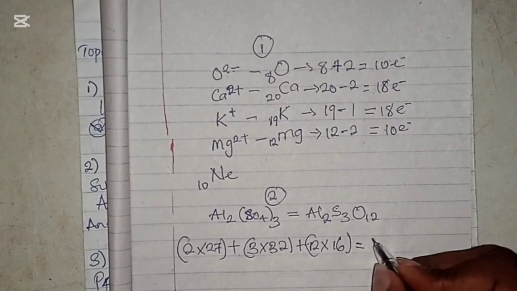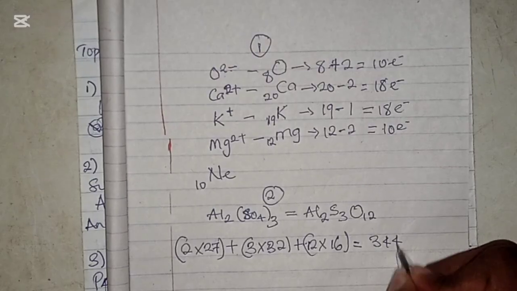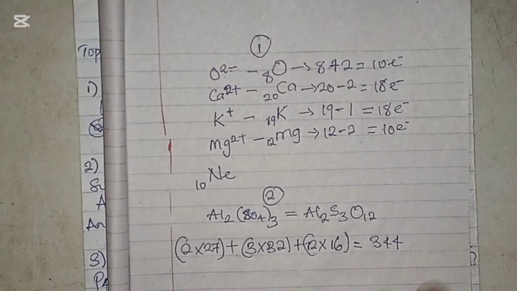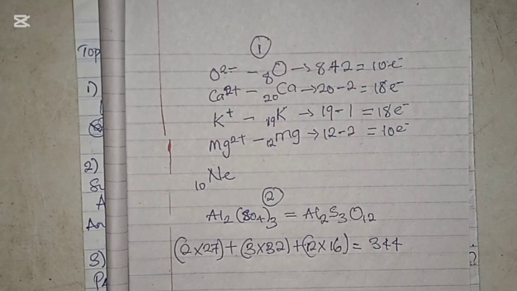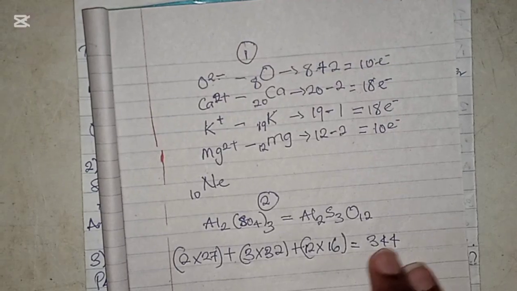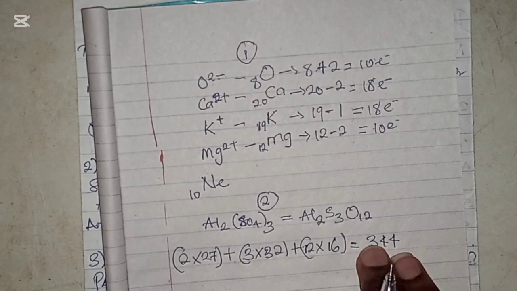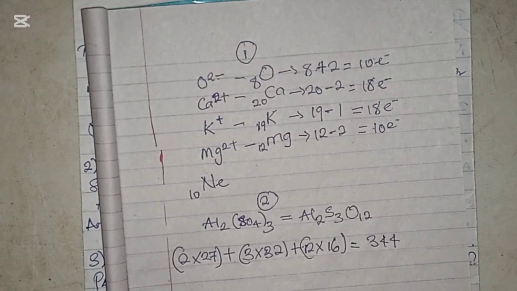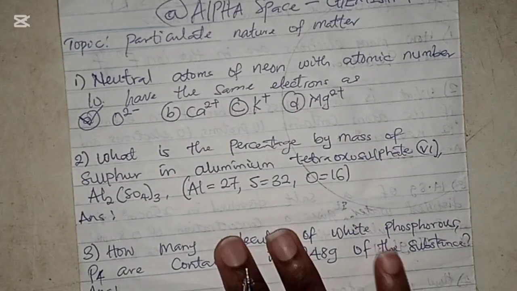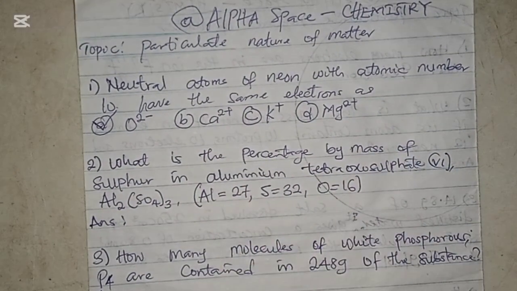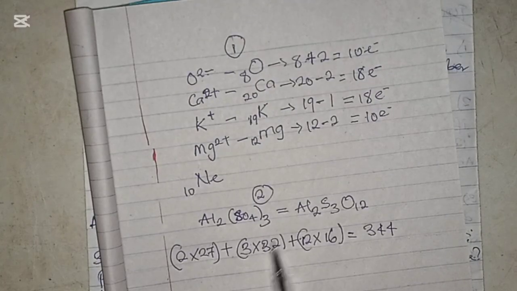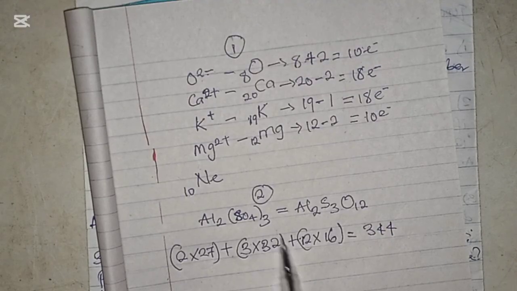Now, if you calculate all of this together, you get 344. Since this is relative molecular mass, it has no unit. This is the relative molecular mass of this compound. Now, we're asked to find the percentage by mass of sulfur. So for sulfur, the simple thing you just do is carry whatever you did for sulfur.